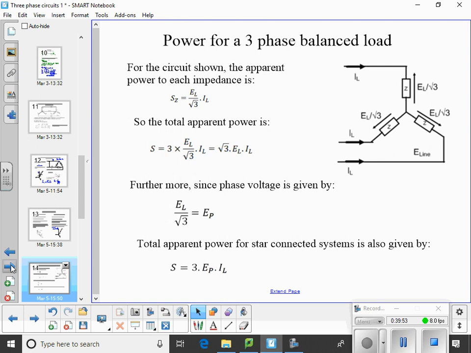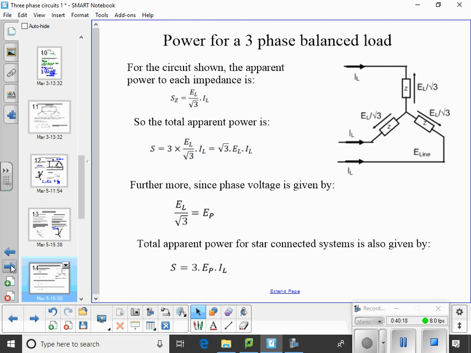So if we take S for each load, it is EL over root 3, which gives us the phase voltage, multiplied by the current. The total apparent power is actually 3 times that. So what it's saying here is you can calculate the power for one phase and then multiply it by 3.